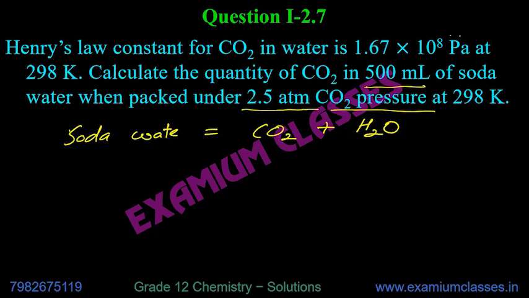That is actually the Henry's law constant. K_H is given. You are asked to calculate the quantity of carbon dioxide in 500 milliliters. So if we take 500 milliliter of this water and pressure is 2.5 atm, then calculate the quantity of carbon dioxide.